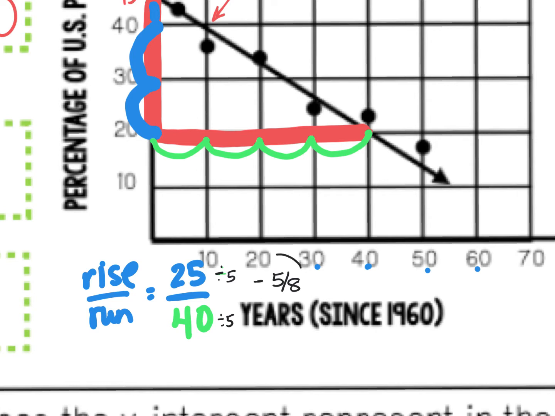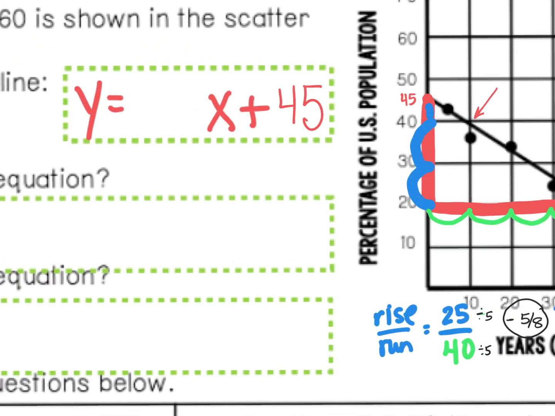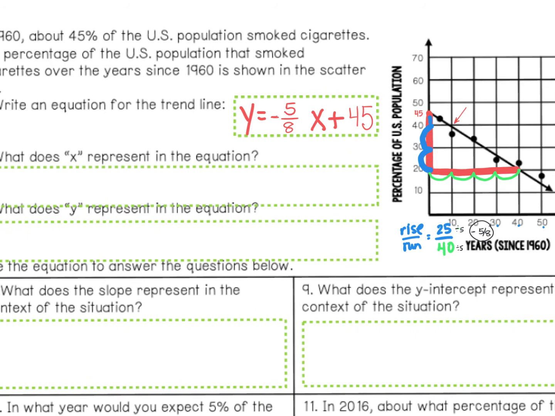So our slope is negative 5/8. Yes, you have to simplify. We always simplify. So going back to our equation, negative 5/8 is the slope. And now we have our equation for the trend line, y equals negative 5/8 x plus 45.